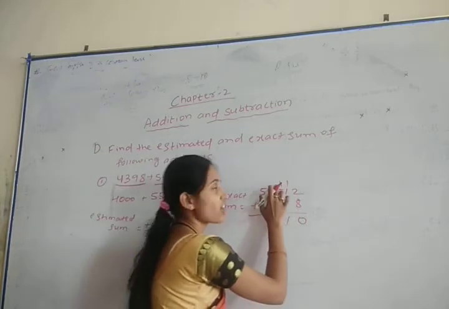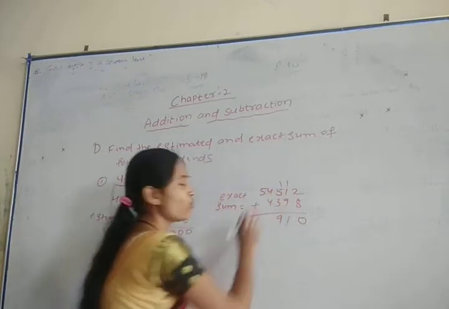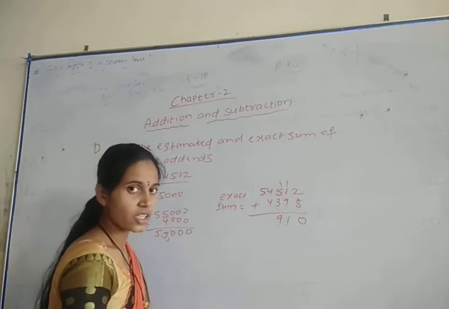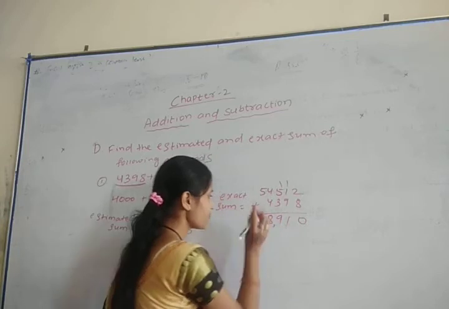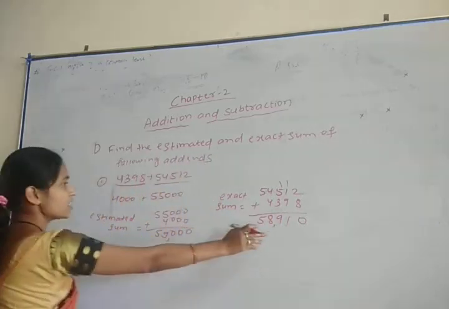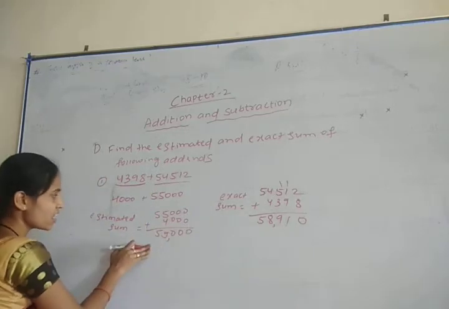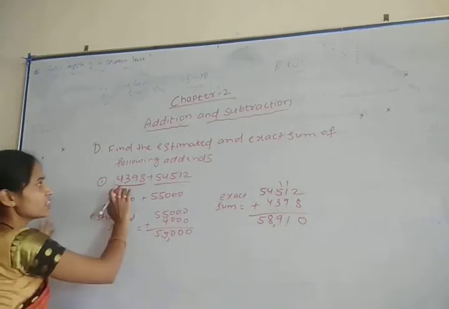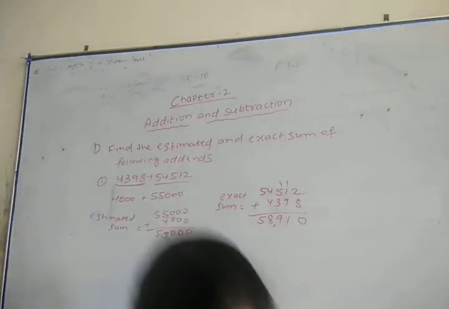Now 5 plus 1 is 6, 6 plus 3 is 9. Now 4 plus 4 is how much? It is 8. Write 5 here as it is. This is the exact sum of the given two numbers, and this one is the estimated sum of the given two numbers.